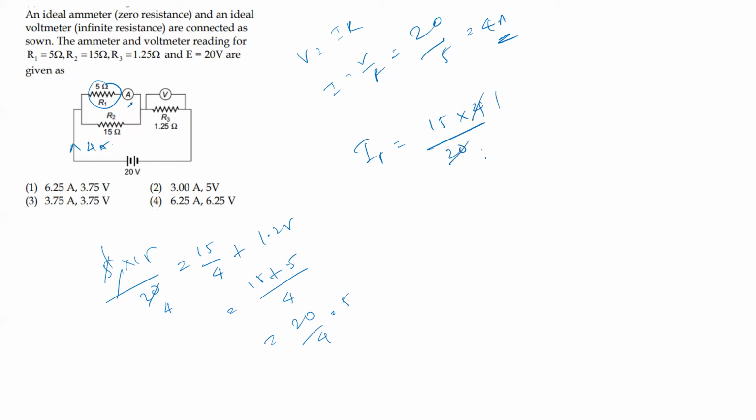So 5 3. Current read by A is 3 amperes. Right? The same 4 amperes current passes through this one. So V is equal to IR. 4 into 1.25. What is this? 5 volts. So 3 amperes and 5 volts.